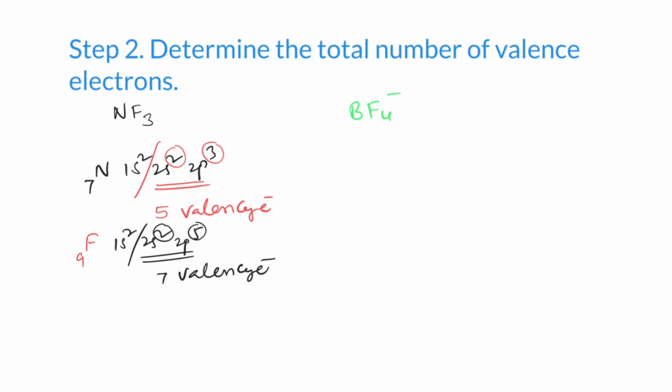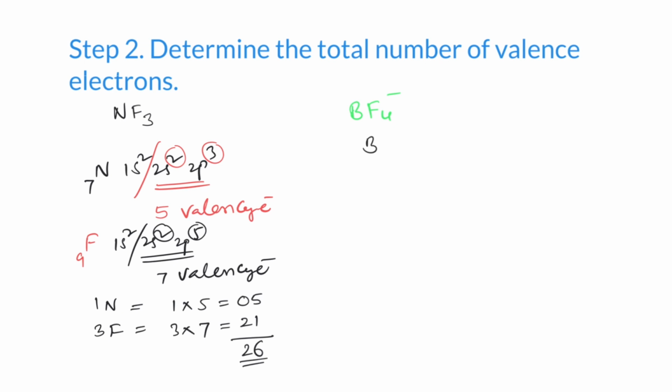Now 1 nitrogen, that is 1 into 5, that is 5 valence electrons, and 3 fluorine, that equals 3 into 7, that is 21. Then total, this is 5 plus 21, 26 valence electrons.